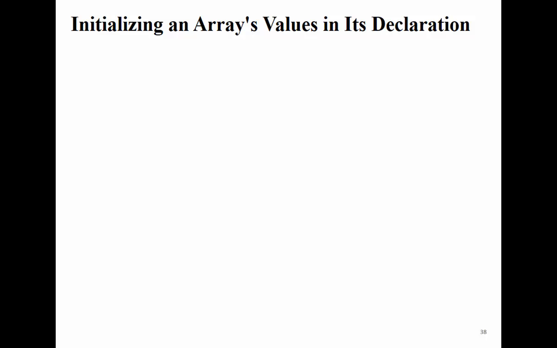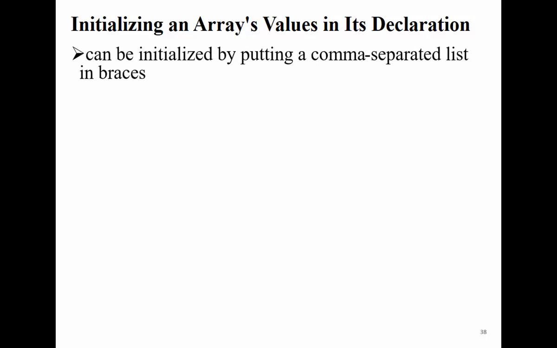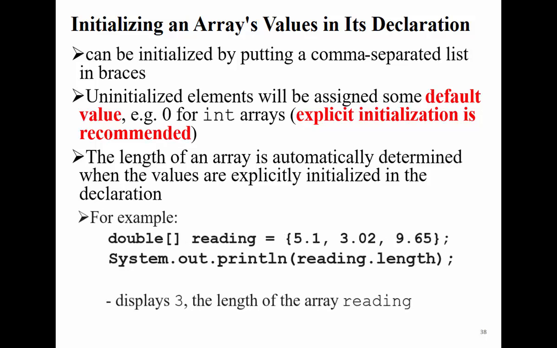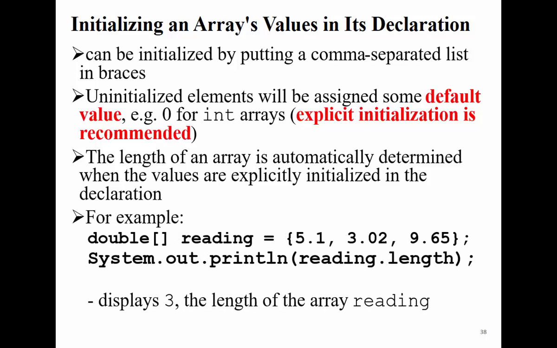Now, initializing the array at its declaration is another opportunity, where you can define the array and initialize the values at declaration time. As you can see here, I create a double, I open the square brackets and close them, then I give a name and an equal sign, then braces, and I give the values: 5.1, 3.02, and 9.65.